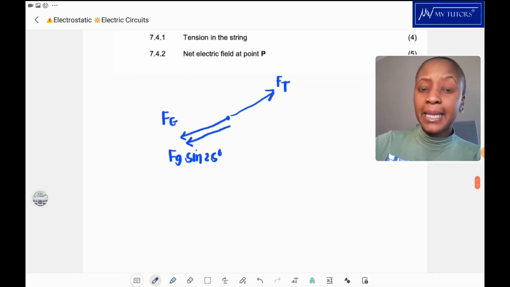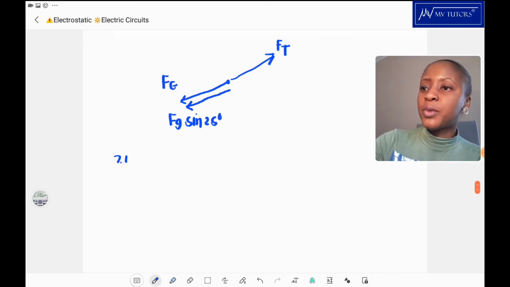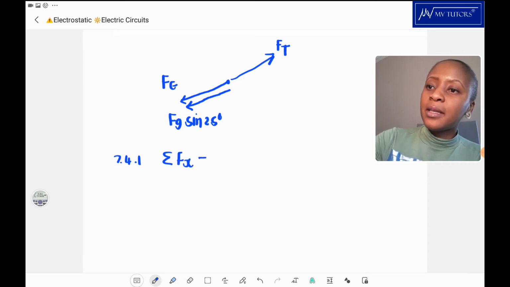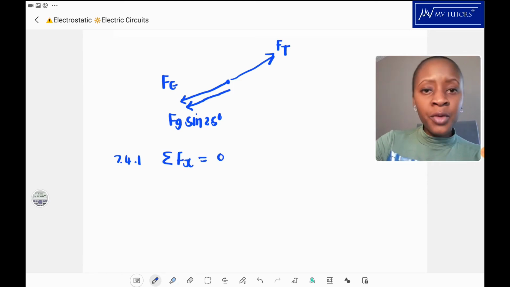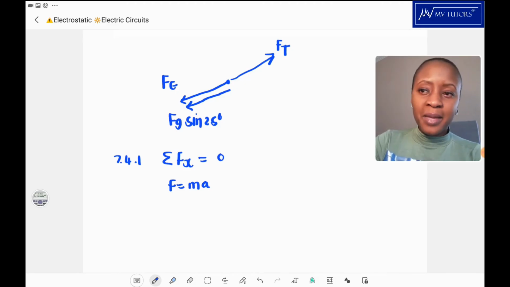We don't really need that. So if I sum up, this is 7.4.1. If I sum up all the forces in the x direction, that should give me 0. Remember, there's no acceleration. Your formula there is F is equal to ma, and since acceleration is 0, F is equal to 0. So the net force in the x direction is equal to 0 when you sum them all up.